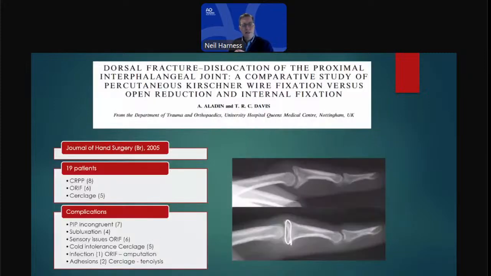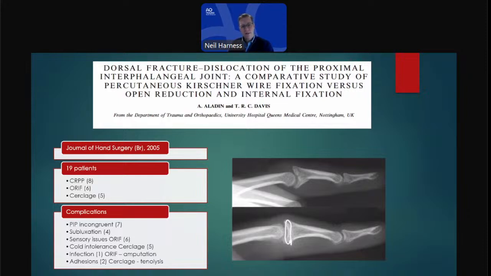A paper out of the Journal of Hand Surgery, British edition in 2005, looked at 19 patients who had either undergone percutaneous pinning, ORIF, or cerclage with open fixation. And their complications included 7 patients out of 19 had some degree of PIP joint incongruity. 4 patients out of the 19 had true subluxation.